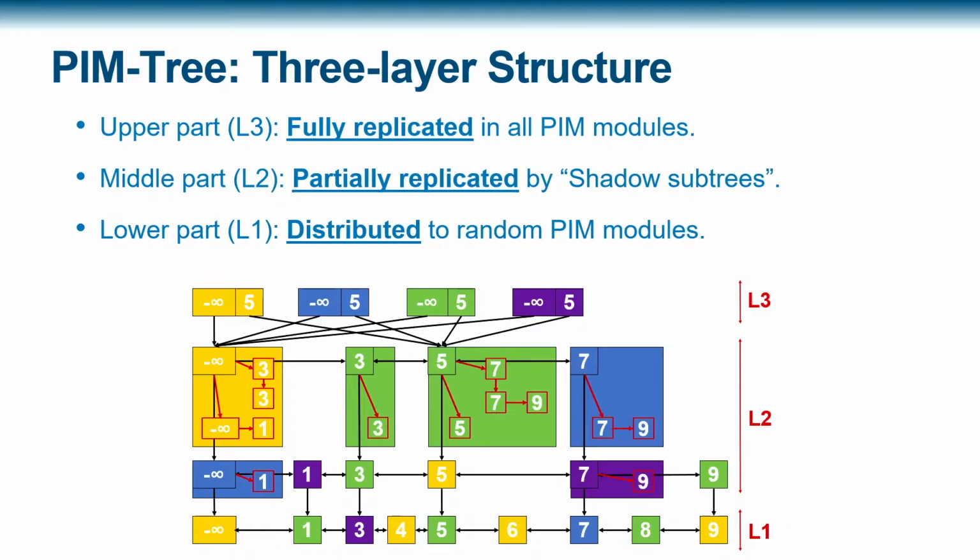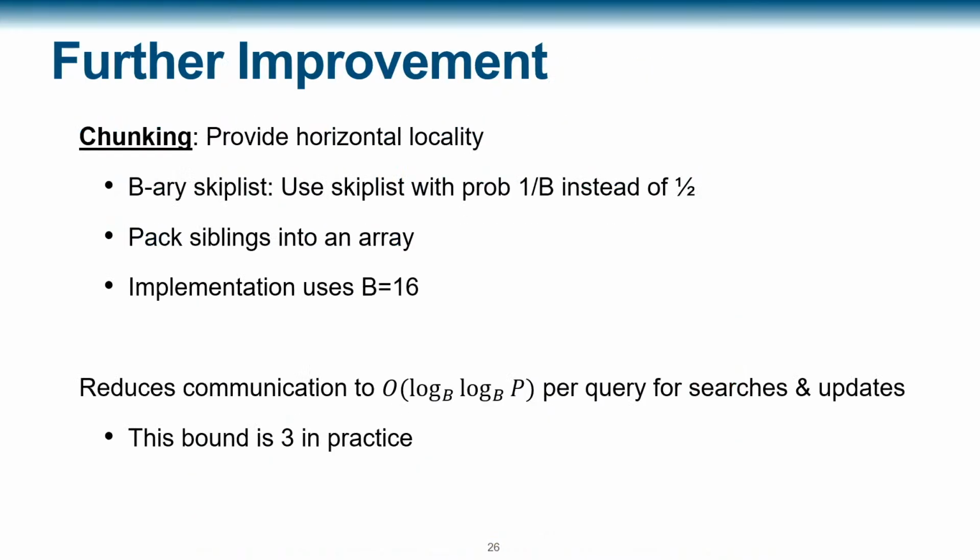So in reality, I've talked about this replicated top layer and this random bottom layer. We actually have a middle layer where we do a partial replication to avoid having to do a bunch of hops in this middle part. Hongbo will tell you a lot more about that. We also, instead of doing a binary skip list, do a B-ary one, where you promote to the next level up in the skip list with probability 1 over B. Our implementation uses B equals 16.